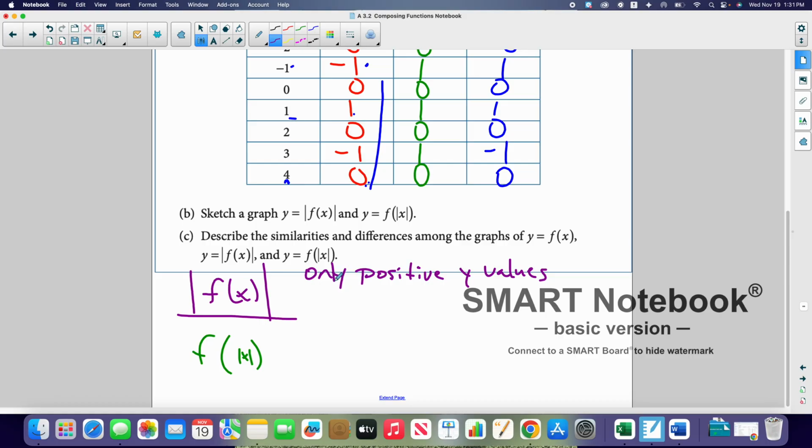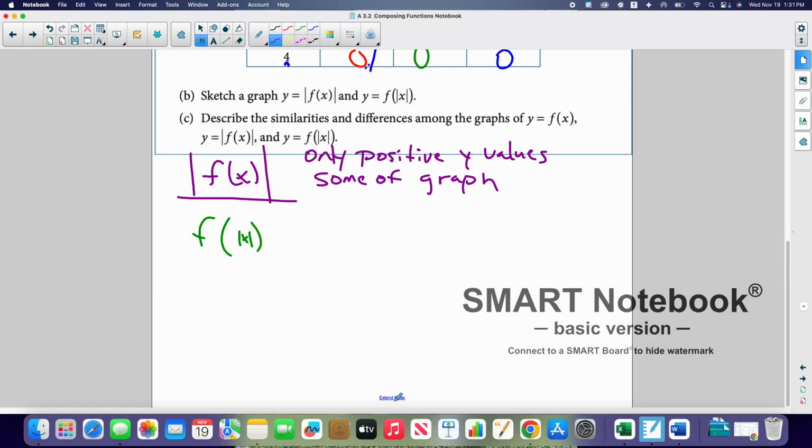All right? The transformation that we see in there is there's a reflection. Where's the reflection? Over the x-axis. Now, does everything get reflected over the x-axis? No. And so some of the graph stays the same. Scroll up just a little bit so I got a little bit more room to write.